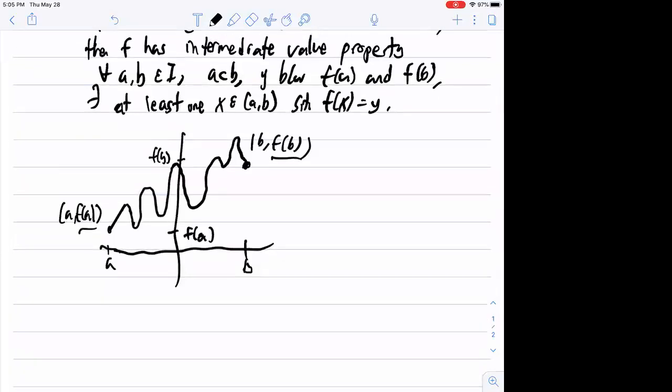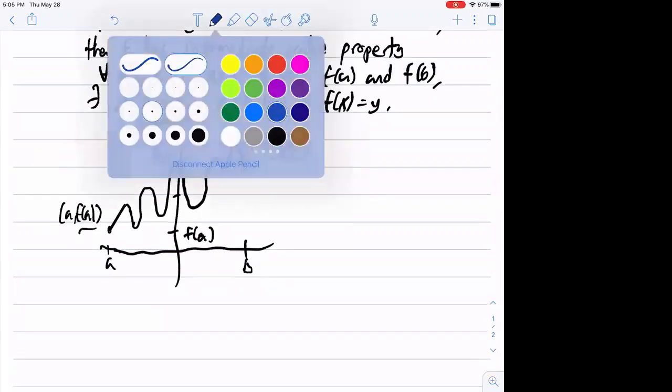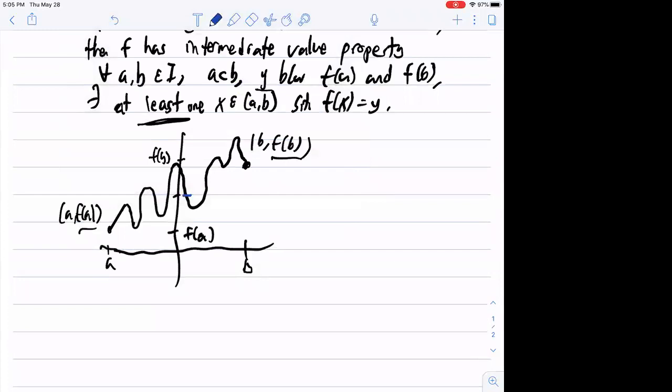For any y between the two values, you obtain it. And note it's at least one. It could be more than one. If y was right here, I attain it many times: once, twice, three times, four times, five times. Basically it's saying you can't jump.